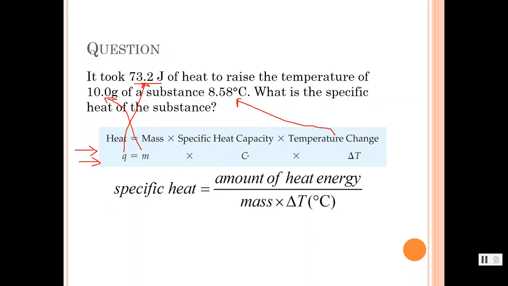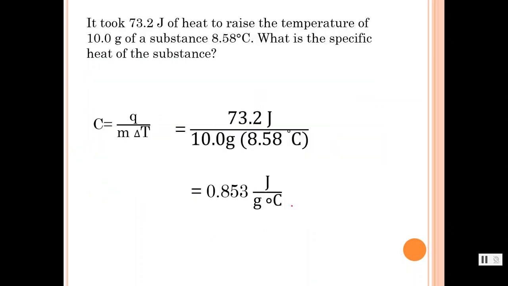So to get this variable C on one side of the equation and everything else on the other, I have to divide both sides by m times delta T, which is what I've done here. So the specific heat, C, is going to be equal to my heat divided by the mass times my change in temperature.